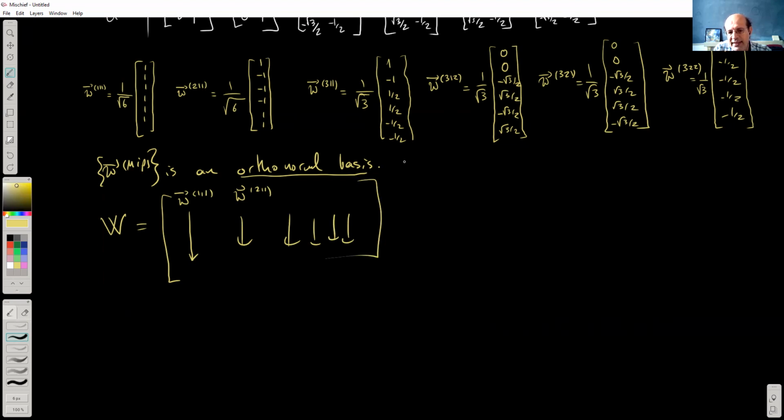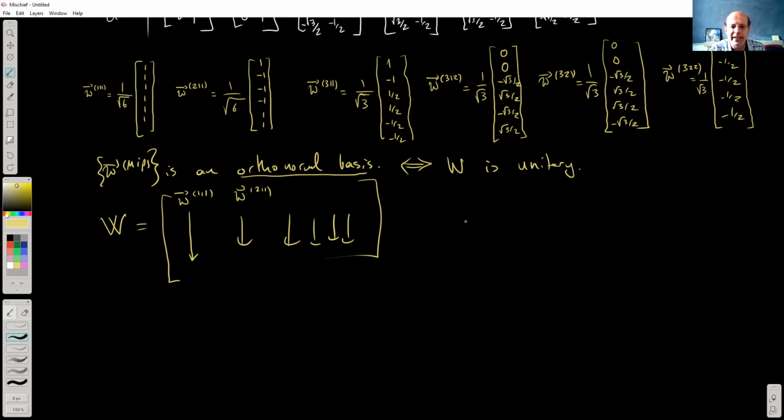The fact that this is orthonormal is the same thing as this W being unitary. We have seen that a matrix is unitary if all of its column vectors, all of the columns of that matrix, form an orthonormal basis.